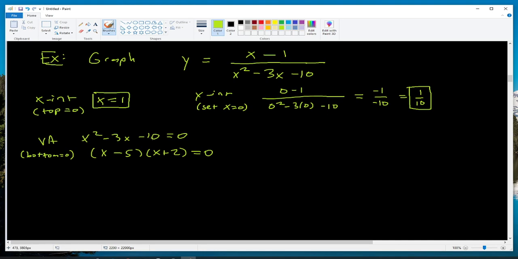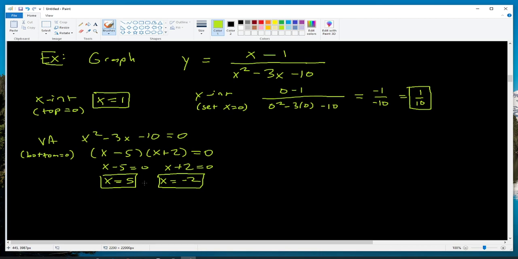So multiplies to negative 10, adds up to negative 3. So we say, all right, this is where x minus 5 is 0, or x plus 2 is 0. So x is 5 is one vertical asymptote. X is negative 2 is a second vertical asymptote. So this one it's going to have two of those dotted up and down vertical lines.